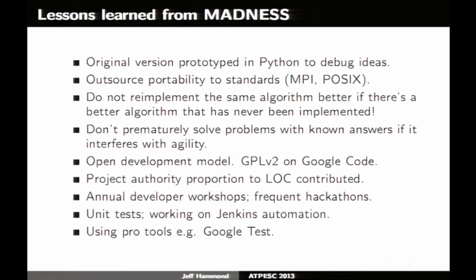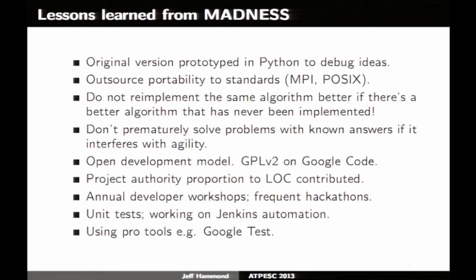Outsource portability to standards rather than trying to become a standard yourself. And I think that this is probably the most essential thing: Madness did not attempt to be a better NWChem. NWChem is a very good Gaussian orbital-based quantum chemistry code, and it has some plane wave features. There's no reason to just take the same algorithm off the shelf and do a better implementation of it if there's a better algorithm out there.